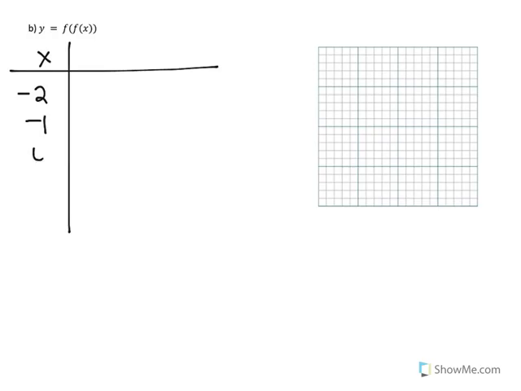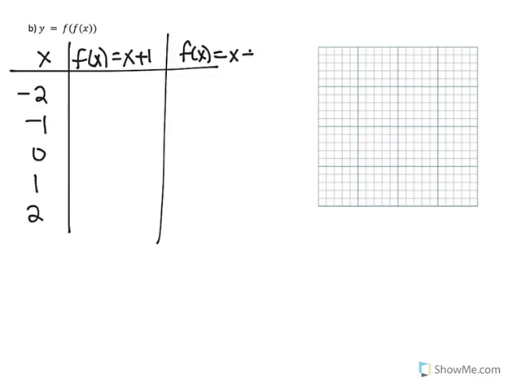Okay, next one. So we're going to do f of x. So we'll do the same thing, -2, -1, 0, 1, 2. And then we're going to do f of x, which was that x plus 1. And then we're going to do it again. So we're going to plug -2 in, and it becomes -2 plus 1, which is -1.